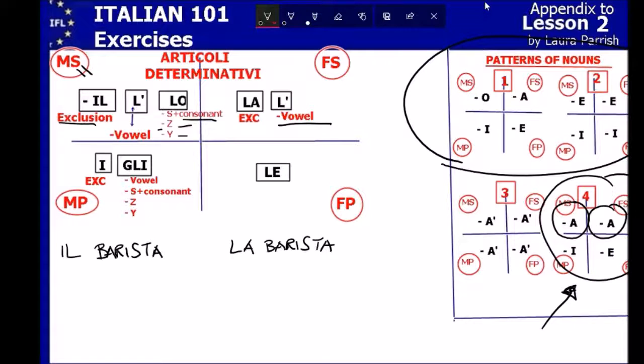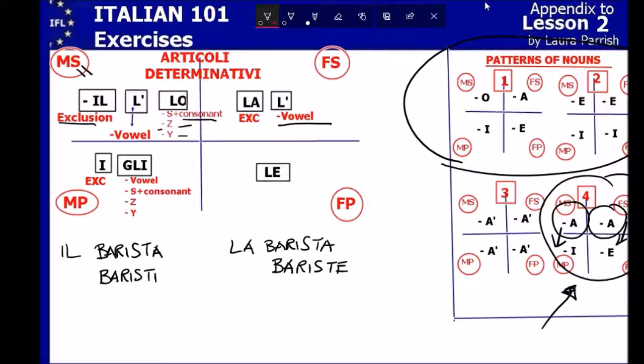Let's make them plural. In this pattern, you go down with an arrow. Oh, what an ugly arrow. So barista, for guys, will be baristi. And for bartender females, it will be bariste.